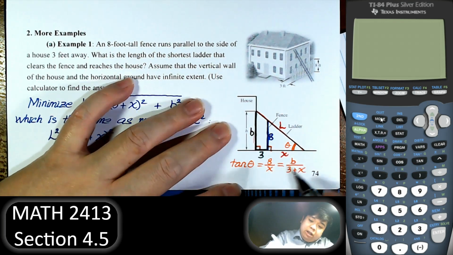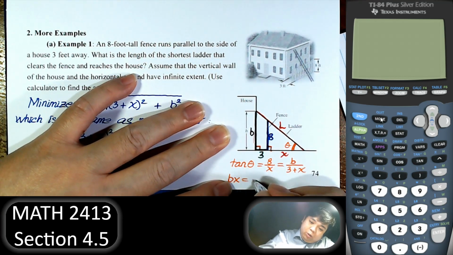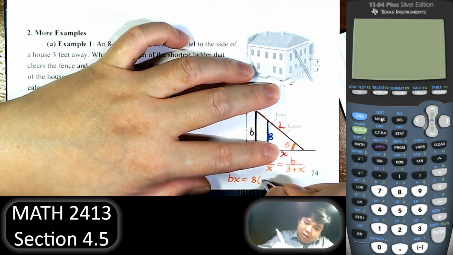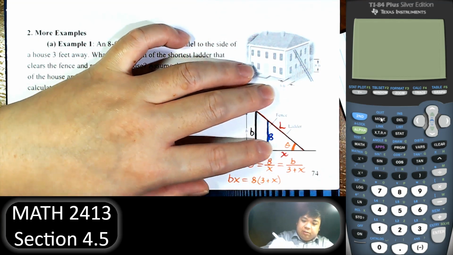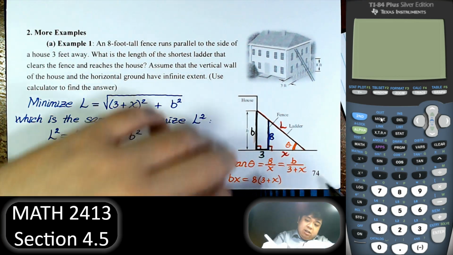So simply cross multiply. So bx is equal to 8 times (3 plus x), sorry. Right, that's cross multiplying. And then divide by x.